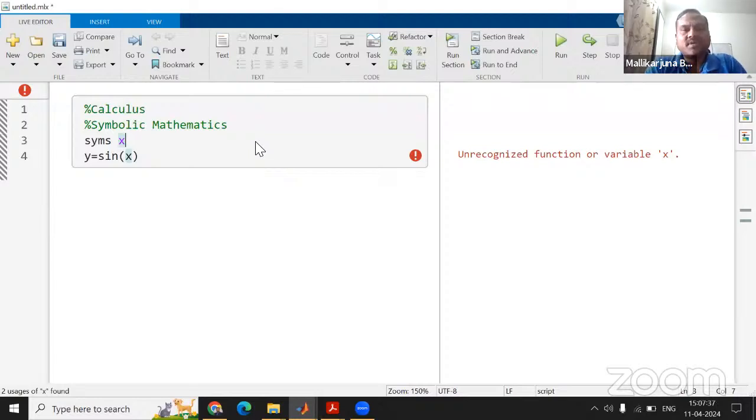What that means is x should be considered as a symbol, and it will show the same in terms of the output. Now you can execute; it will show the same, y is equal to sin x. That is the difference. If you want to differentiate or integrate or whatever it may be, first the function in terms of x should be displayed. That is why we use symbolic mathematics like this.